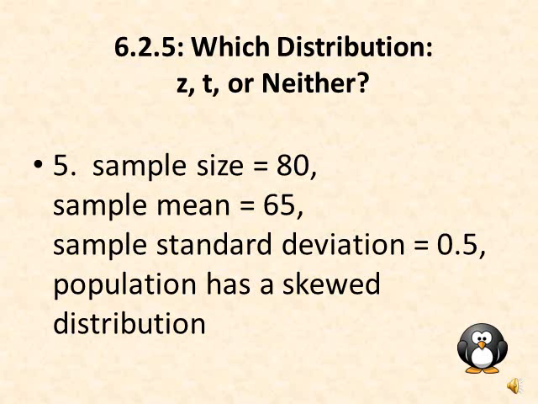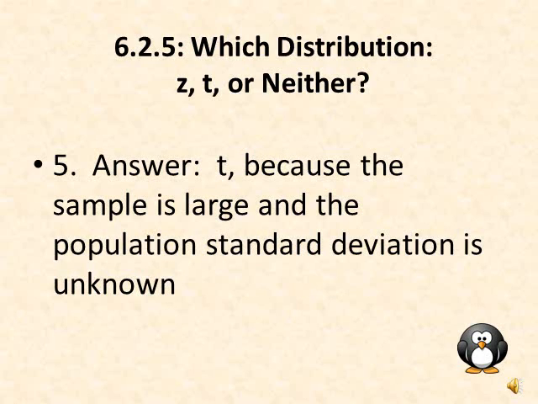Sample size equals 80. Sample mean equals 65. Sample standard deviation equals 0.5. Population has a skewed distribution. The answer is T, because the sample is large and the population standard deviation is unknown.